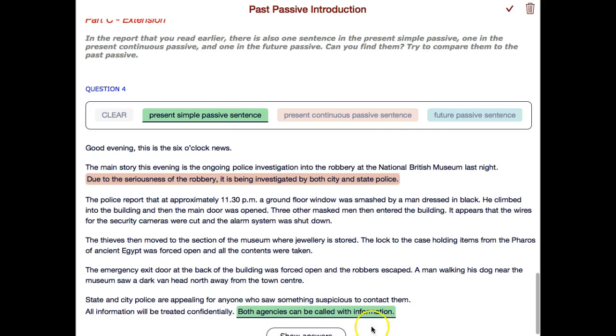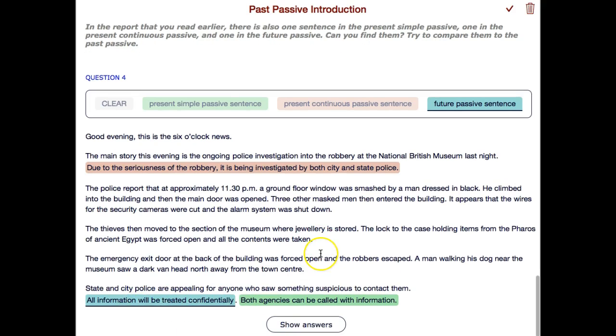Both agencies can be called with information and will be treated confidentially. That is the future passive. Now, those are things for another lesson, but remember, regardless of the tense that you use, the idea behind the passive stays the same. Now, go practice and don't forget to try to include this in your writing and speaking.